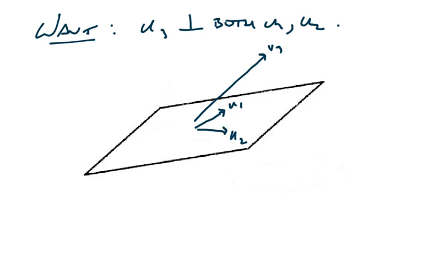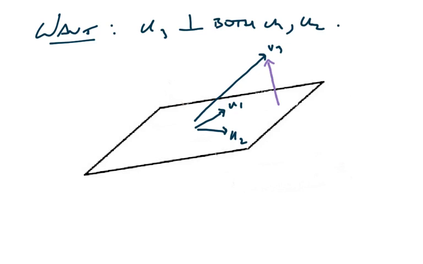What we're going to do is figure out the part of v3 that is orthogonal to both u1 and u2 at the same time. In other words, that's going to be the part of v3 that is orthogonal to this plane spanned by u1 and u2. That's going to be our vector right there. And you can draw a very similar picture to that projection picture that I had on the last slide.